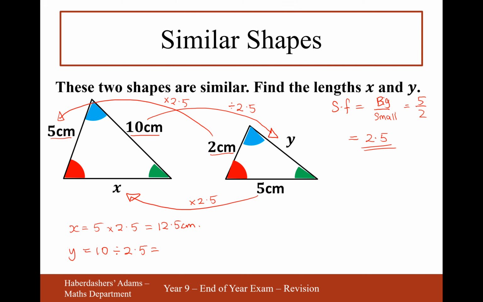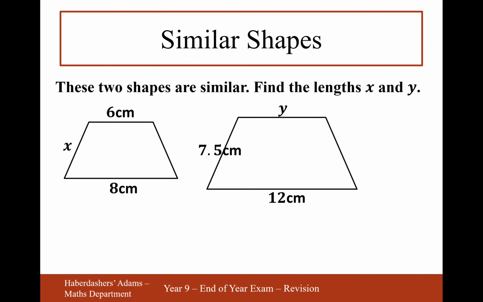So 10 divided by 2.5 gives me 4 centimeters. So y is equal to 4, x is equal to 12.5. So with these shapes, scale factor equals the big side divided by the small side to work out your multiplier, and then multiply to get to the bigger sides, divide to get to the smaller sides.